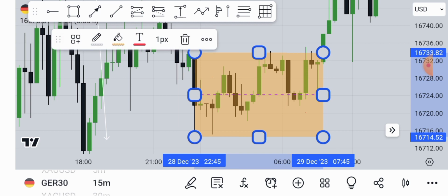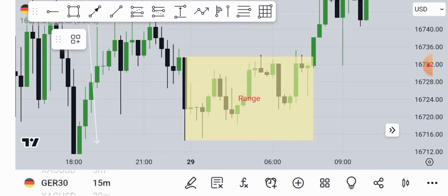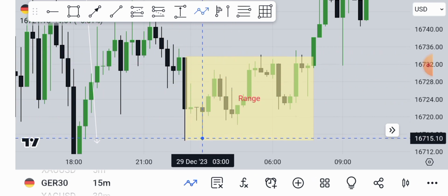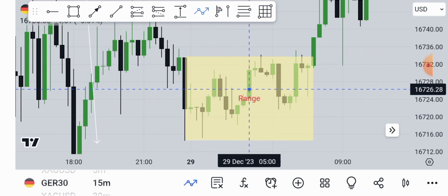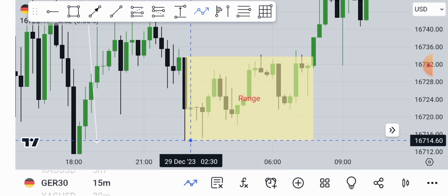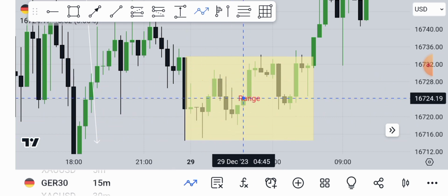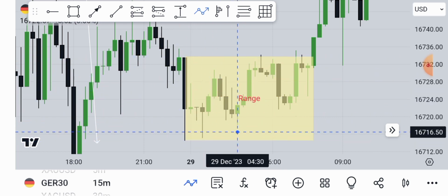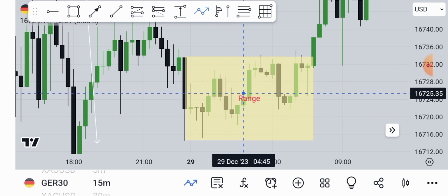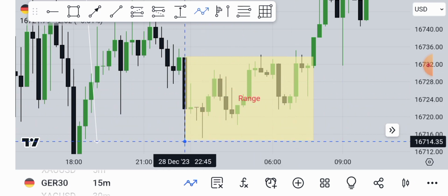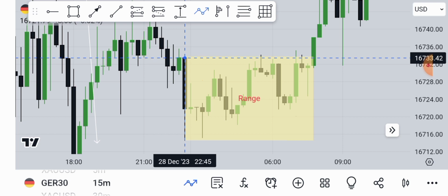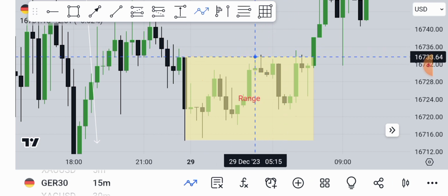to confirm the range. So everything happening within this candlestick, it's a ranging market unless we take out the high or the low. So everything within the high of this candle is the range. So from this low to this high, the high was taken out by this candle.